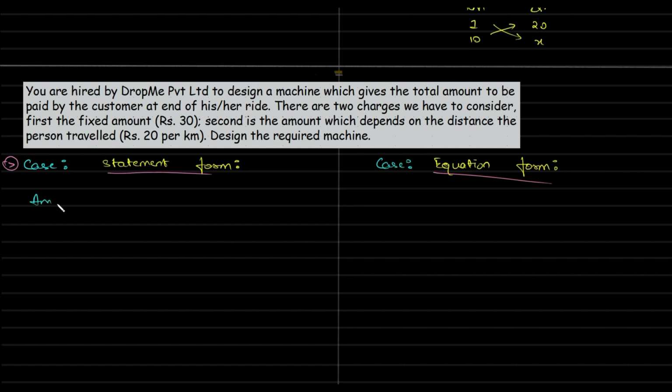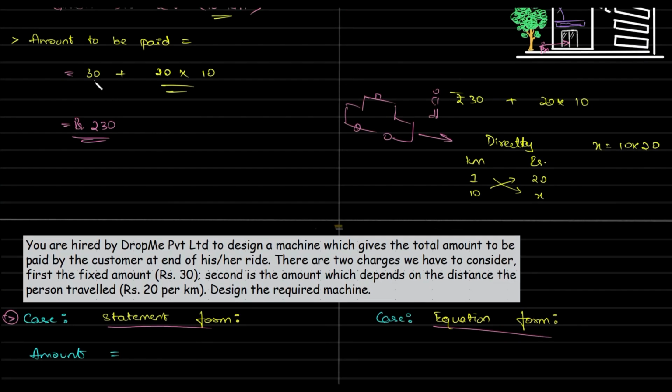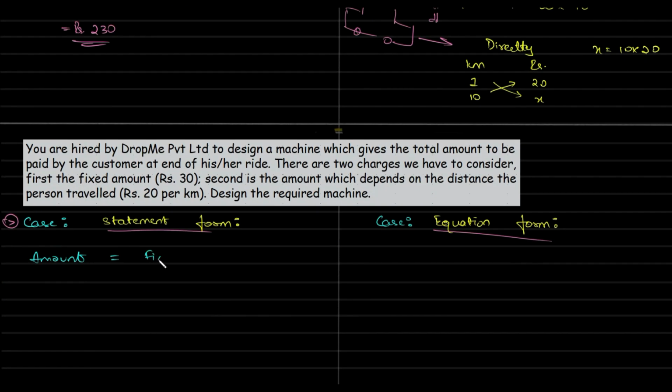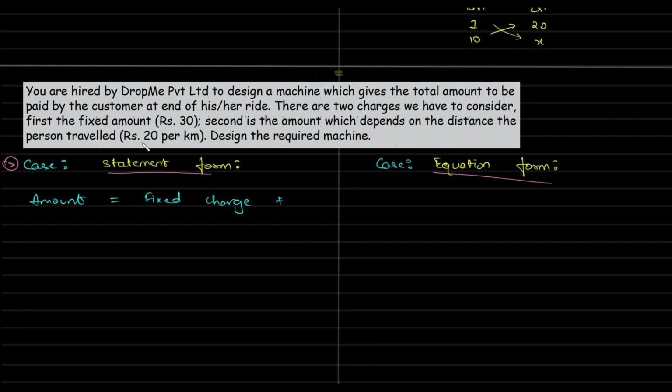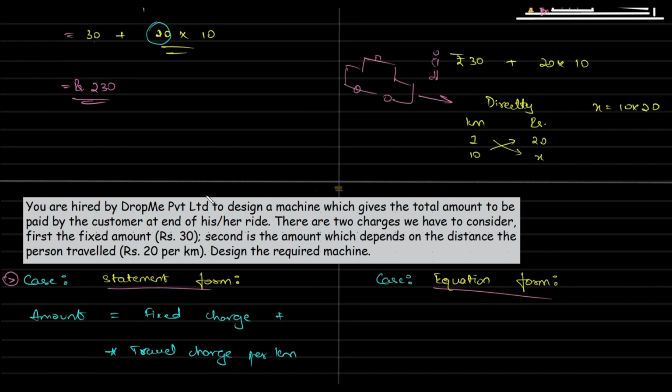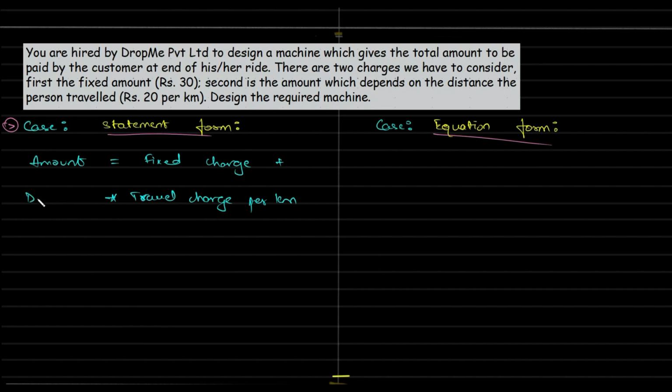The amount the person has to pay will be equal to, first, 30 rupees. 30 rupees is what they call the fixed charge, or fixed amount, plus the distance dependent charges, that is, let's call it travel charges per kilometer, and this is being multiplied with the distance the person travels. Make sense? And this is your statement form.